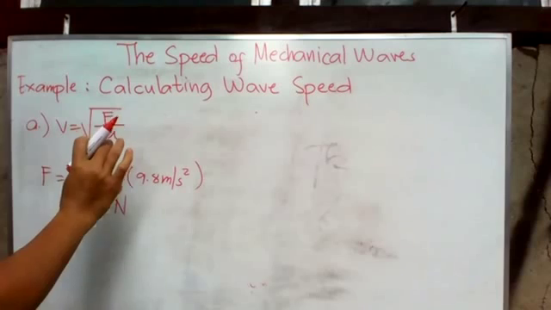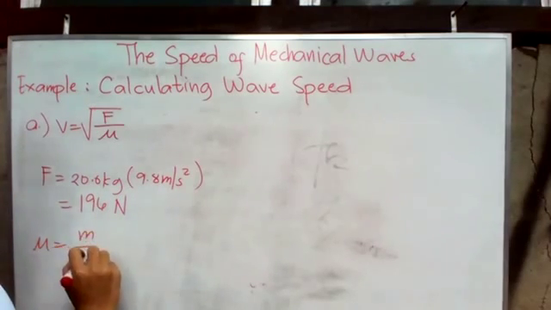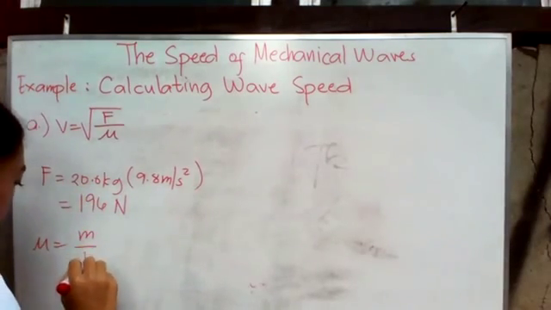We already have the value of the tension force. Now let's proceed to find the value of mu, which is the mass per unit length. From the formula, mu is equal to mass divided by its length.